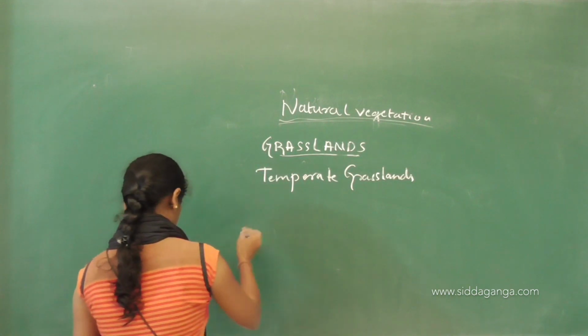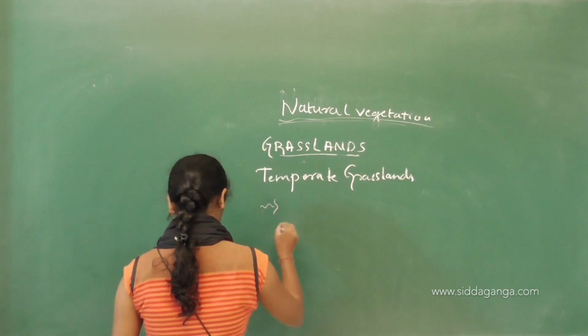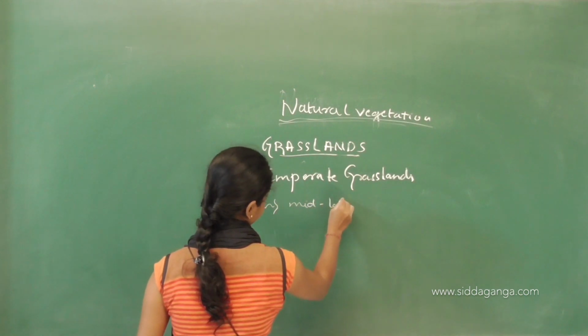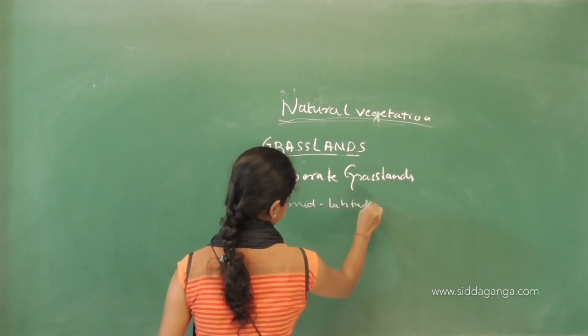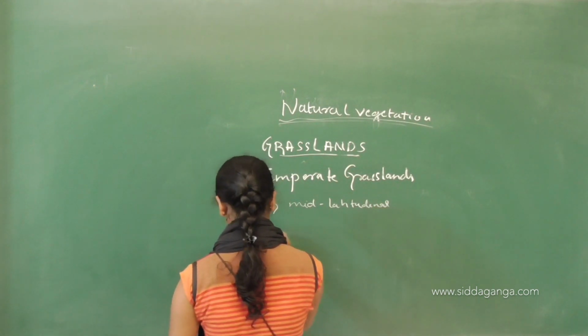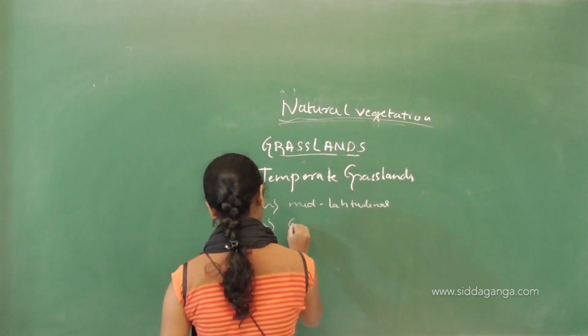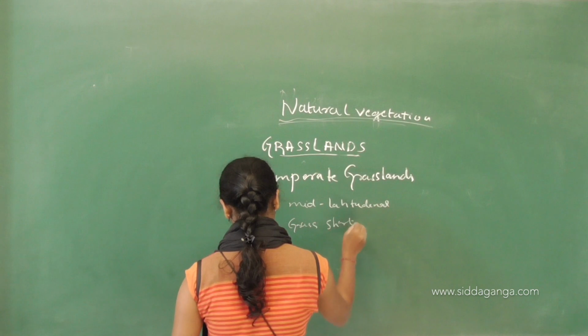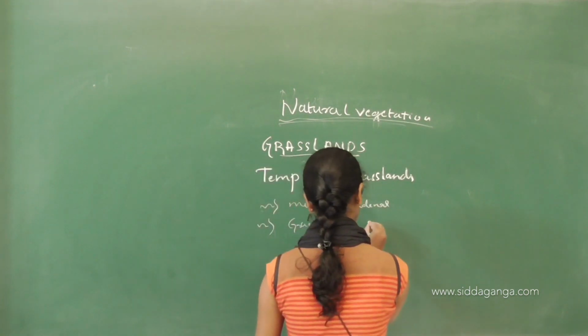Okay. These are found in the mid-latitudinal zones and the interior part of the continents. Usually grass is short and nutritious.